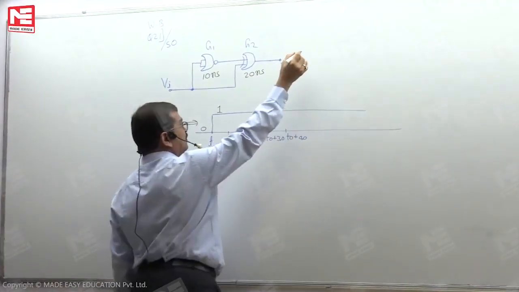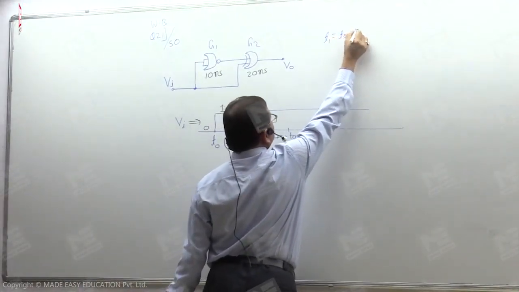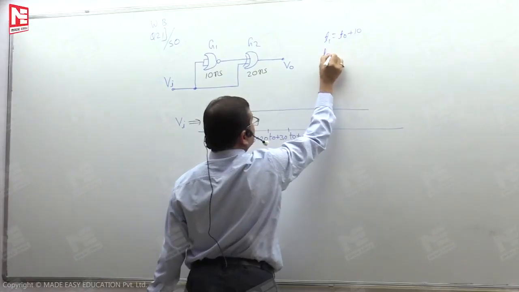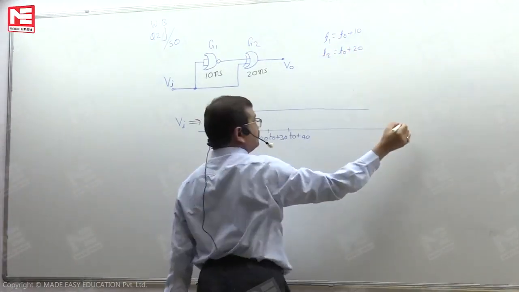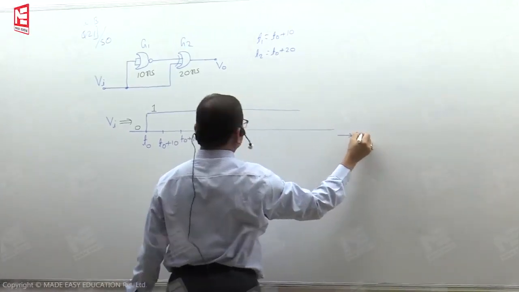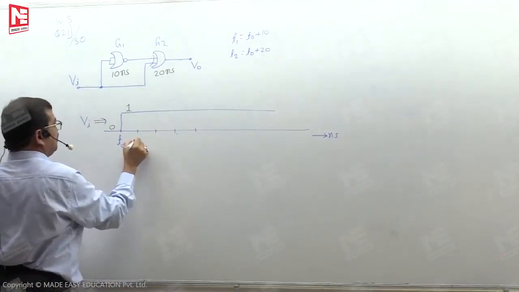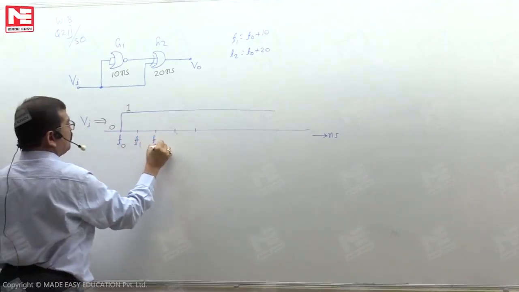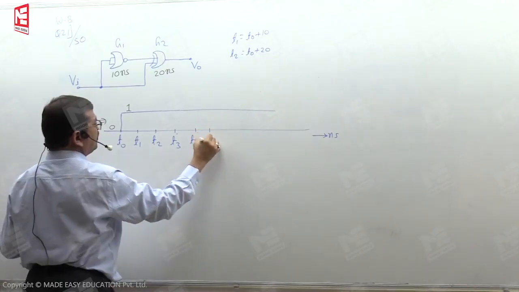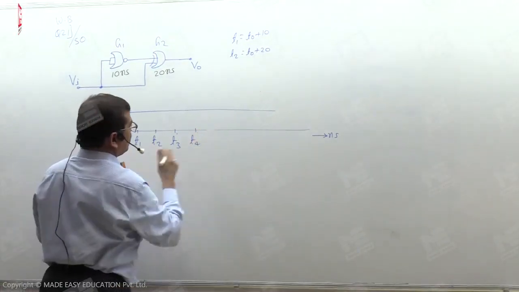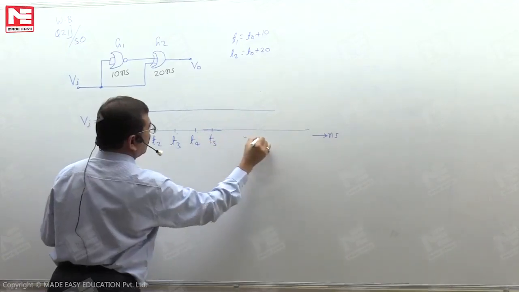In fact, T1 is t0 plus 10, T2 is t0 plus 20 and so on, in nanoseconds. So you can alternatively say this as T1, T2, T3, T4, T5 and so on.